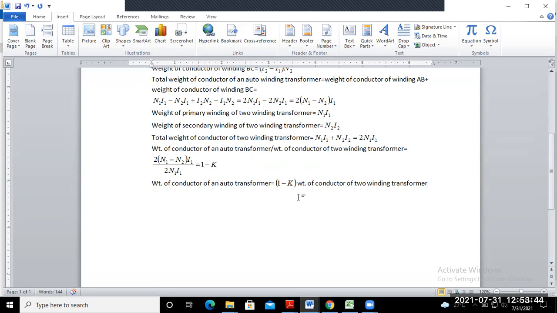So just multiply this term and find out the saving of conductor material, that means when you use the auto transformer instead of two winding transformer.